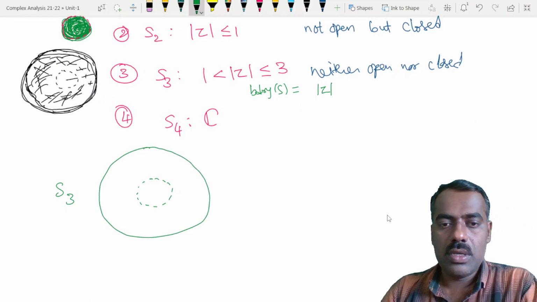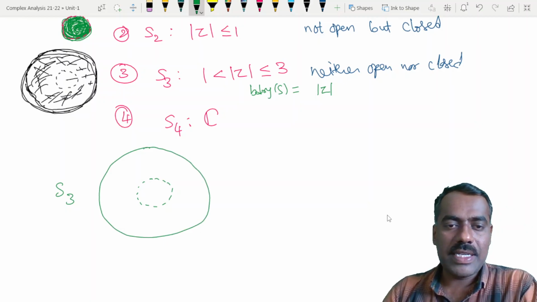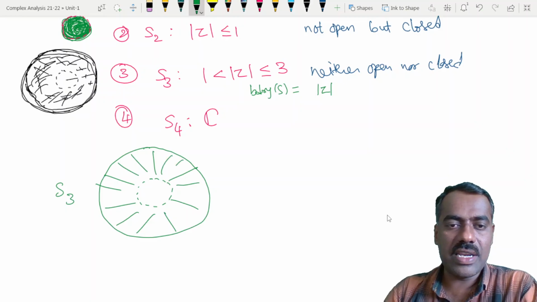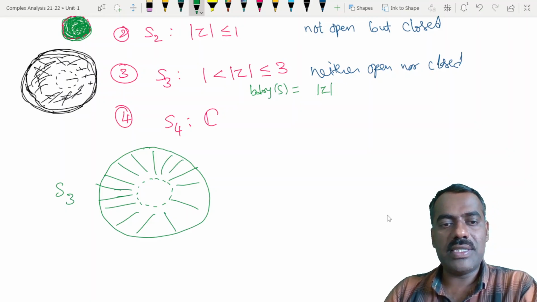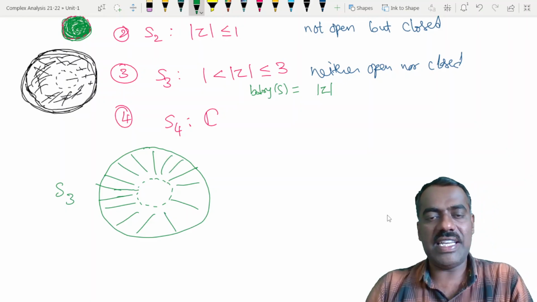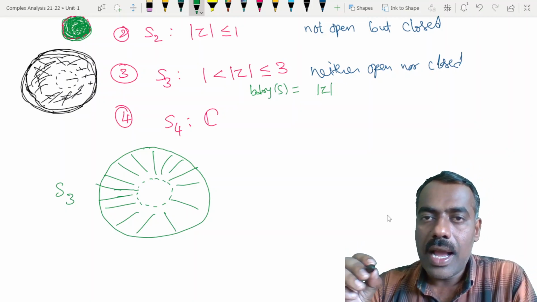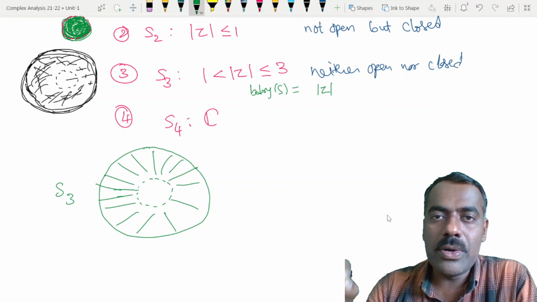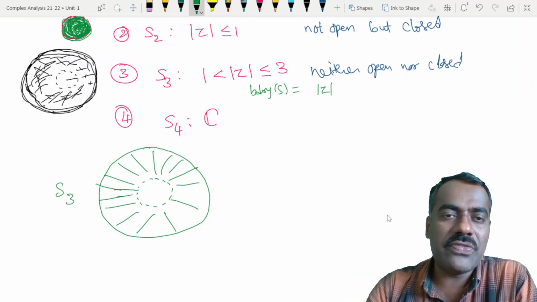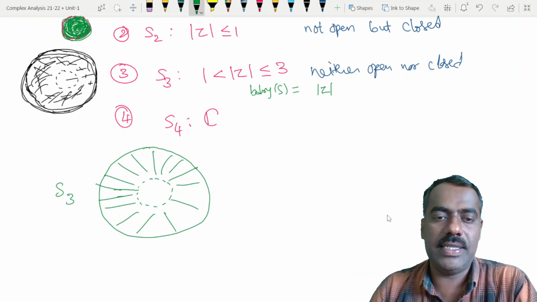This much part is there, whatever we are writing here: mod Z strictly greater than 1 but less than or equal to 3. Now can somebody tell me what is the boundary of S3? If you take some point, whatever small neighborhood you take, it should have points from S3 as well as outside S3.